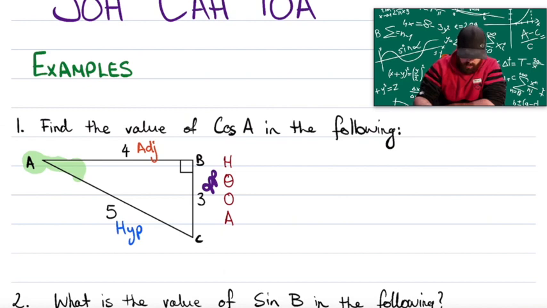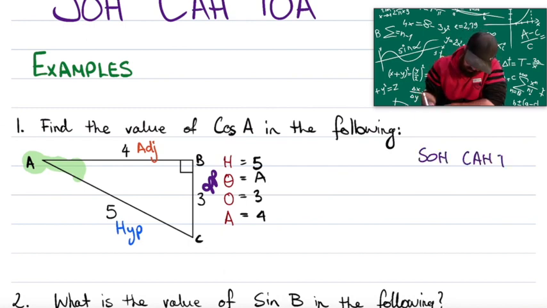Going through and writing that down, we said, let's go back to black. Our adjacent was 4, our opposite was 3. Our theta, we said our reference angle was A, and our hypotenuse is 5. So the question, I'm going to write SOHCAHTOA, and the question, remembering the question said cos or cosine of A. So cosine of A, that's our CAH, and you can see that we want our adjacent and hypotenuse.